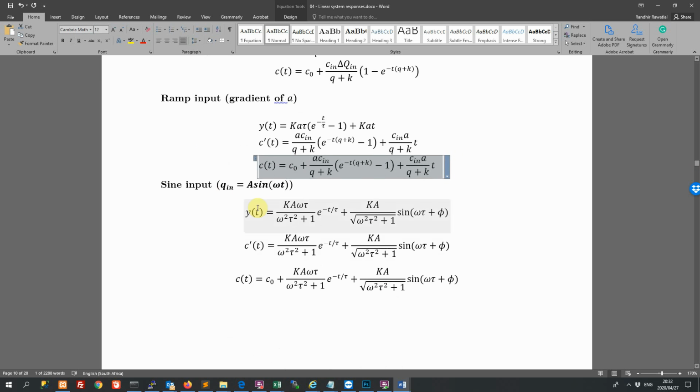And then similarly, we can apply the sine wave input, and then we can take the sine wave solution and do the same things, and we can get the response for the system.